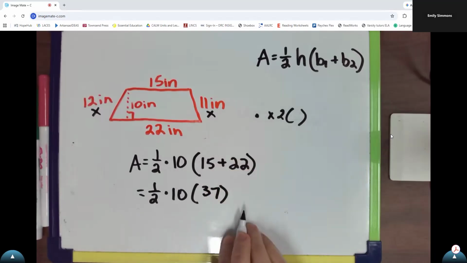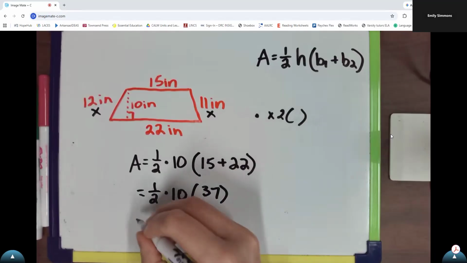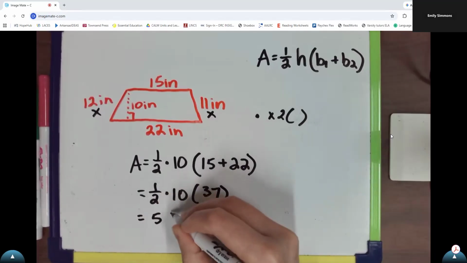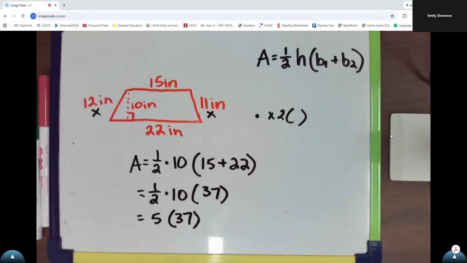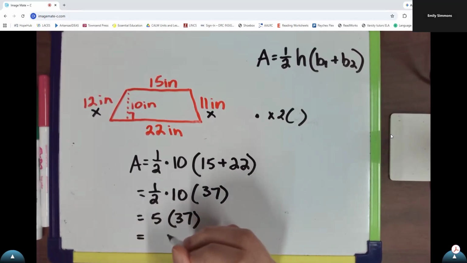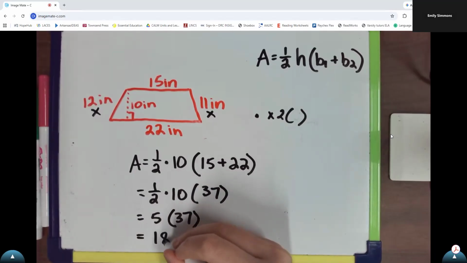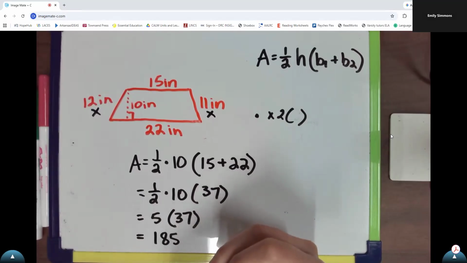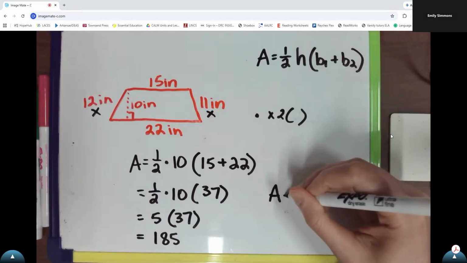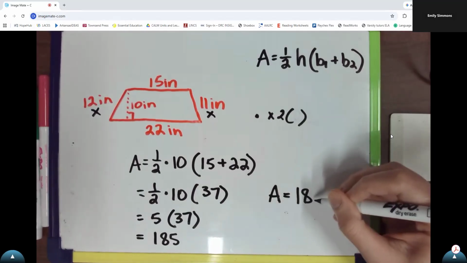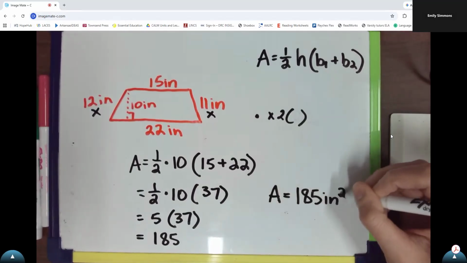Now I'll just multiply from left to right. I do 1/2 times 10 to get 5. And then that times 37. And 5 times 37 gets me 185. So my answer here, the area is 185 inches squared.